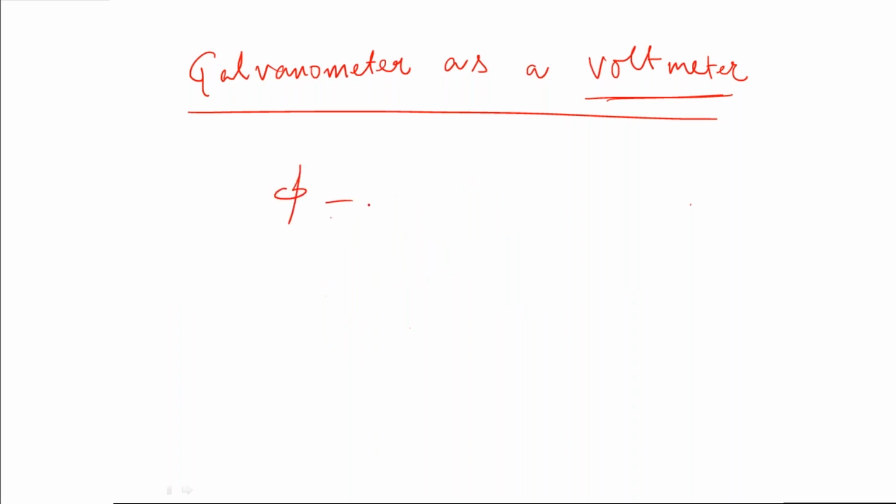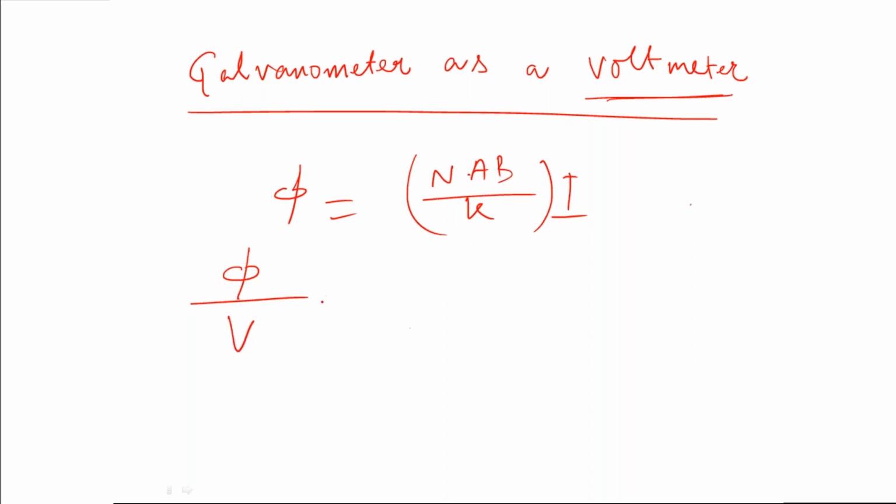Voltage sensitivity is defined as the deflection of the pointer per unit voltage. So I will just divide this part, and the right-hand side also, by voltage. Look, this is actually 1 by R, so NAB by K is actually 1 by R.